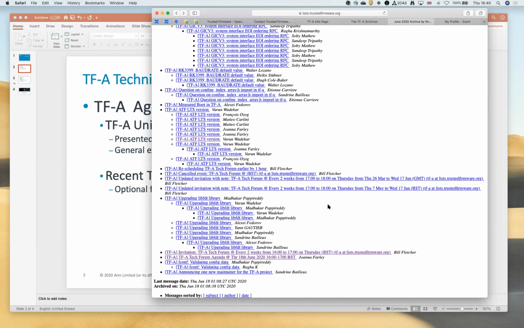I'm thinking of creating a wiki page or something to keep a list of ideas of things that might be upcoming. We often don't decide until a few days before the next tech forum what we're actually going to talk about. But if I can put up a wiki page with the details of ideas, people can at least have a look at that, or even suggest new ones that they would like to contribute.